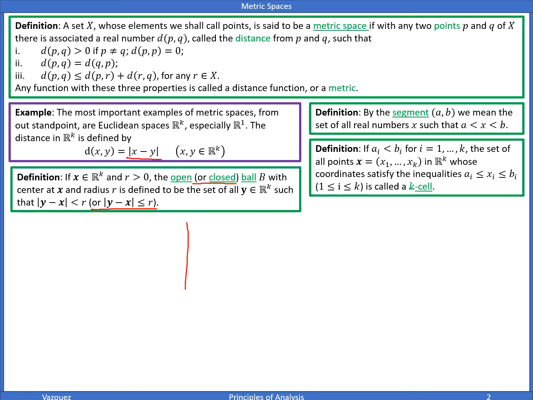So all this means is we have, for example, again, the R2 space. And we have our point x here. Then we define the radius to be this length. Then we're including all these points of distance r, right? But not all those points.